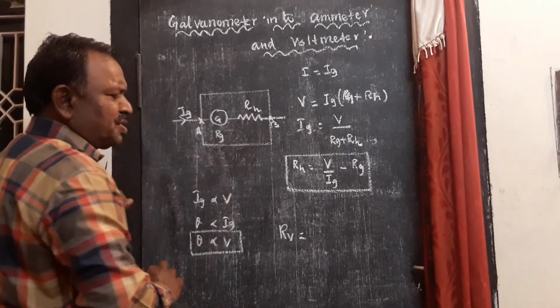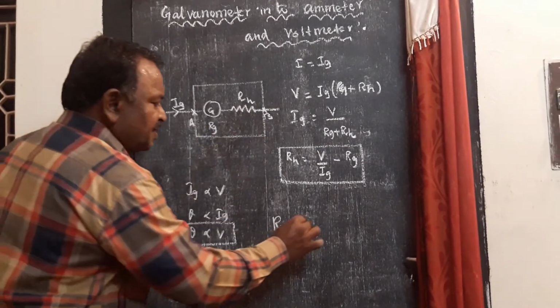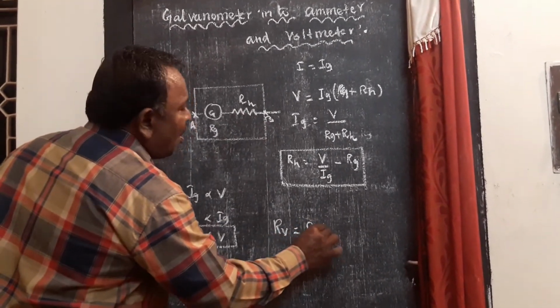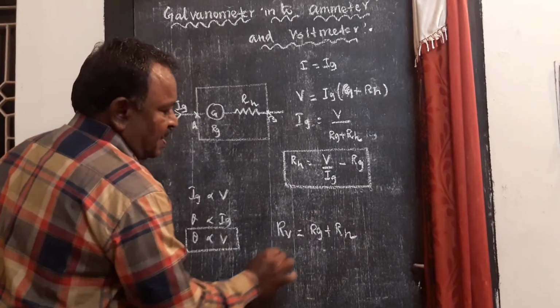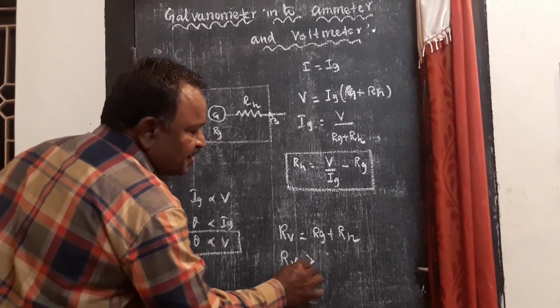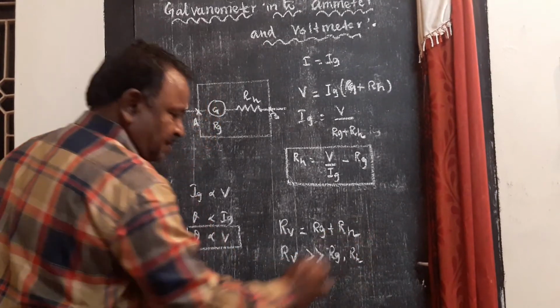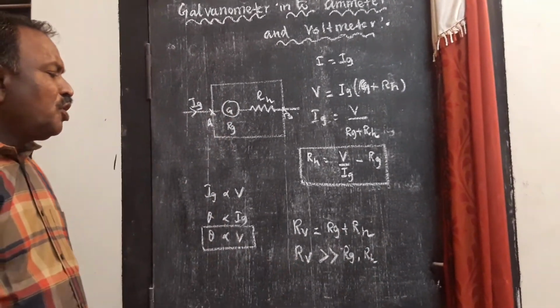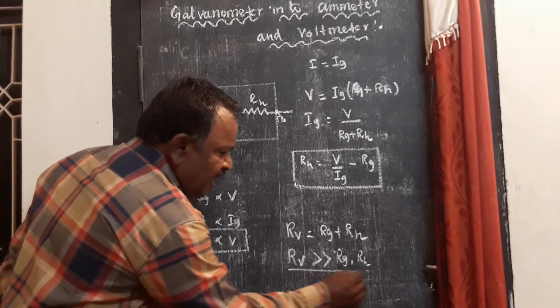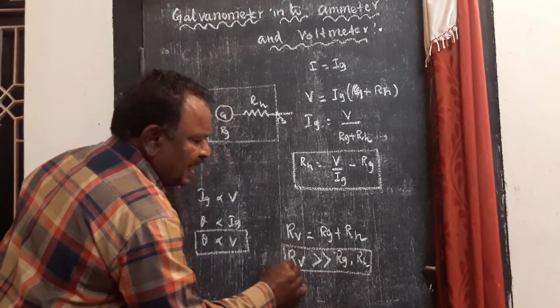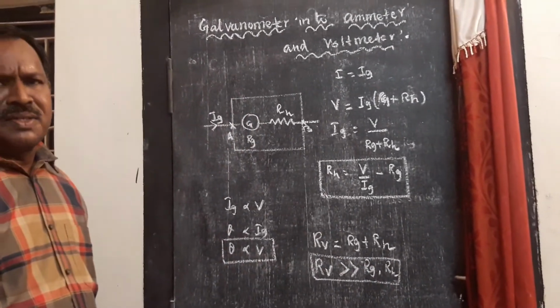Since the two resistors are connected in series, it is equal to Rg plus RH. That is, RV is greater than Rg or RH. So the resistance of the voltmeter is very high compared to the resistance of the galvanometer and the high resistance.